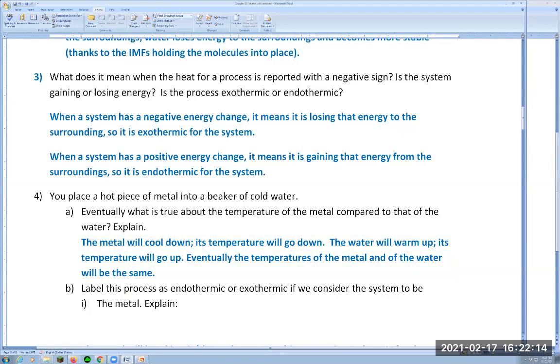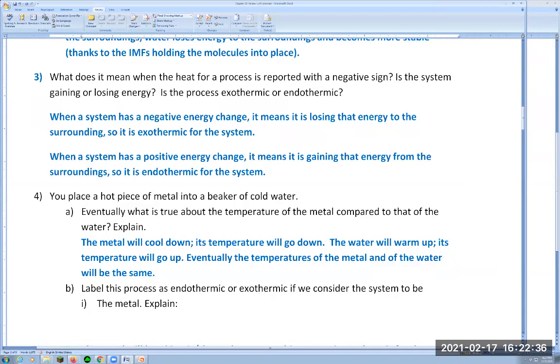So if you place yourself in the metal, if your system is the metal, then is it an endothermic process or an exothermic process? So remember, the metal is cooling down. It's losing energy, right? Because its temperature goes down.